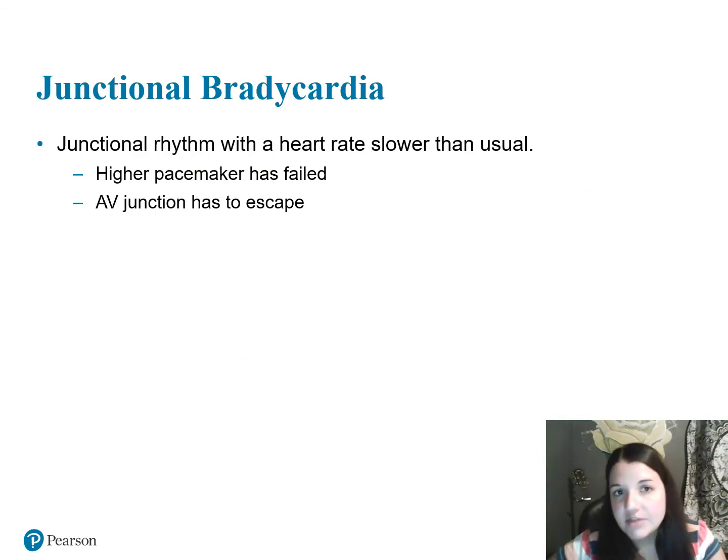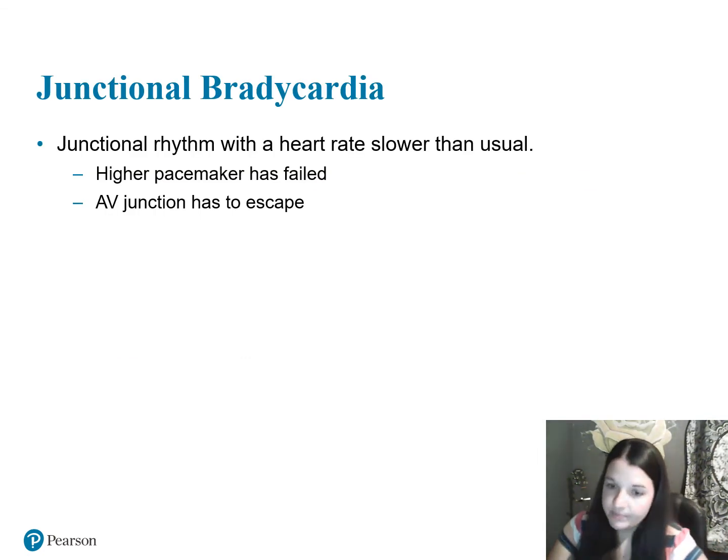So the next rhythm, so that's your PJC, premature junctional complex. The next one is going to be a junctional bradycardia. So notice, if we're talking about rhythms from the AV, it's going to be referred to as junctional, okay? AV junction.